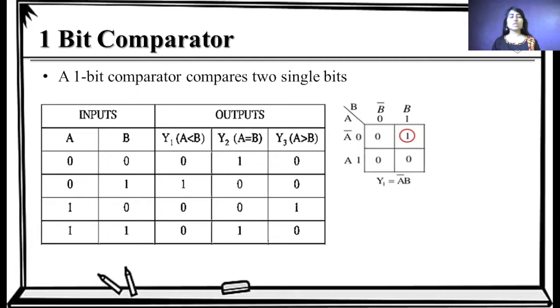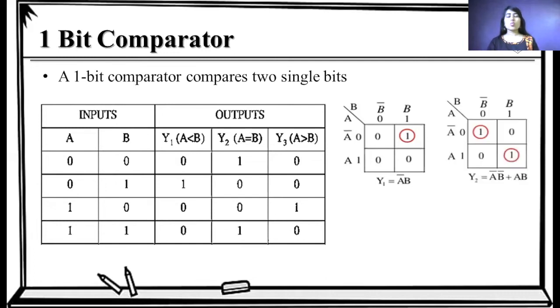According to this, y1 is 1 only for the combination 0 1. So we write this as A dash B, because A is equal to 0 and B is equal to 1: A equals 0 means A dash, and B equals 1 means B. So we have the equation y1 equals A dash B. Here y1 corresponds to the A less than B condition.